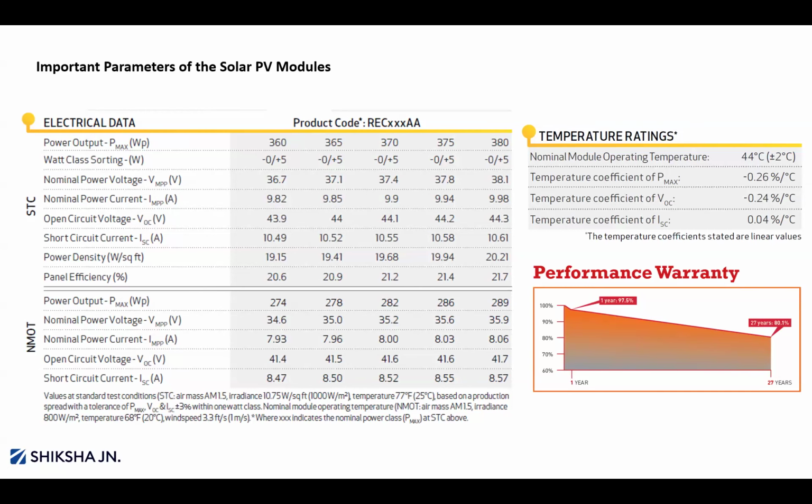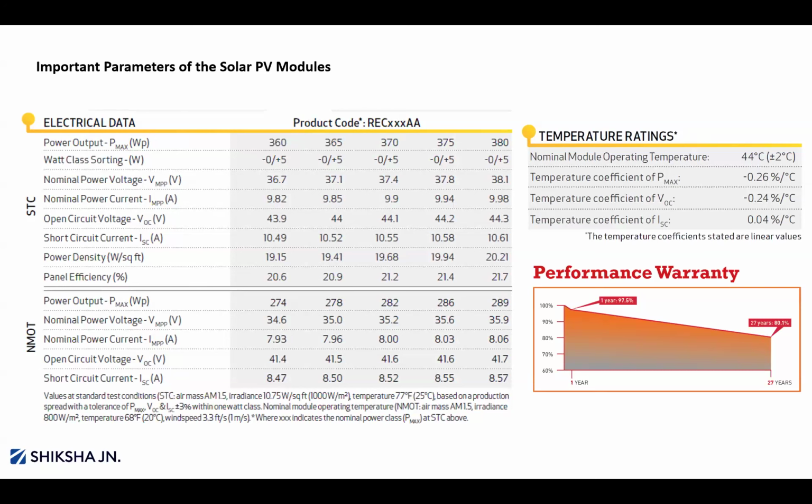nowadays all are offering about 25 years, and some people are offering 30 years also. Here you can see that for any module manufacturer, first year degradation is very high, 2.5%.